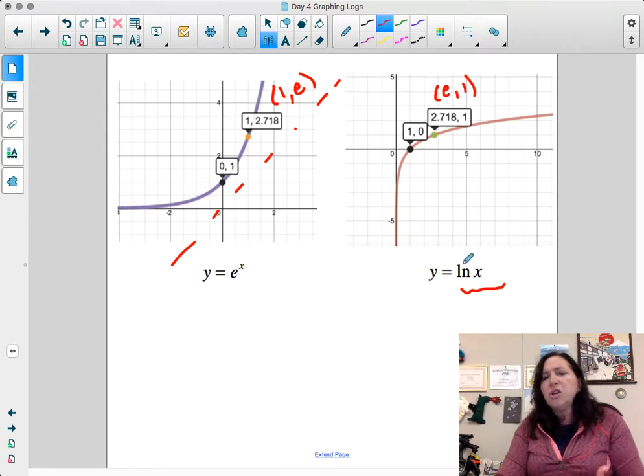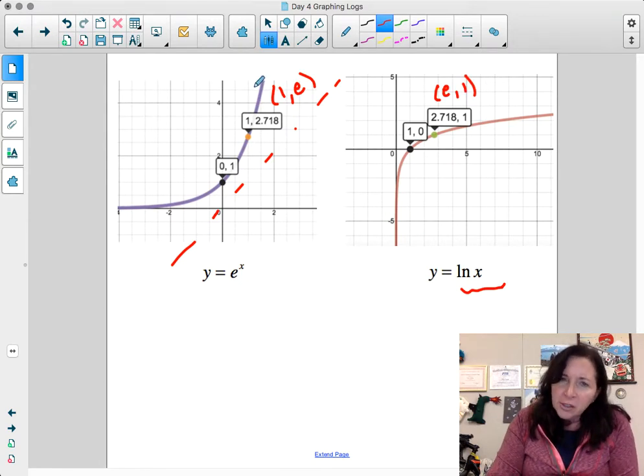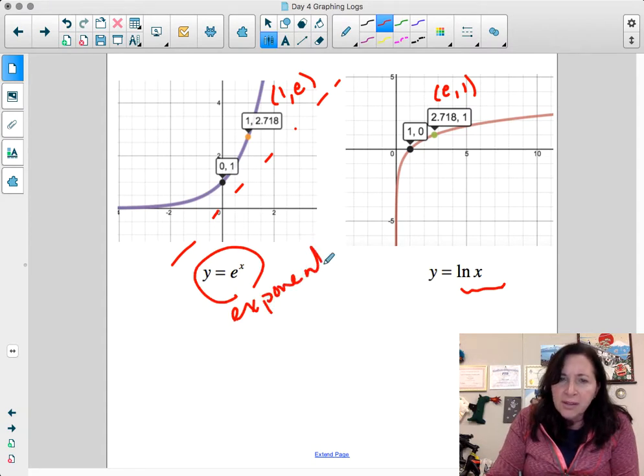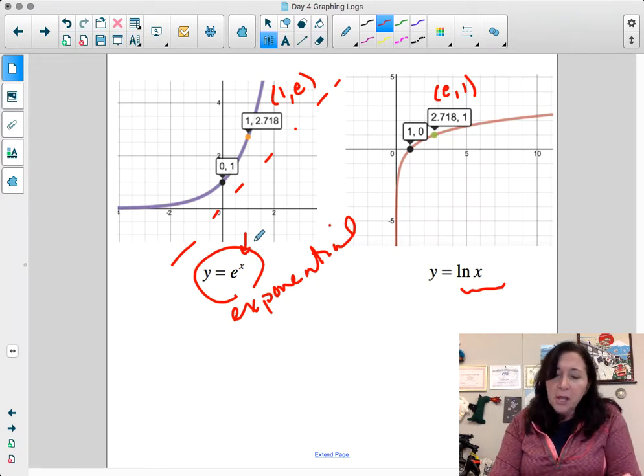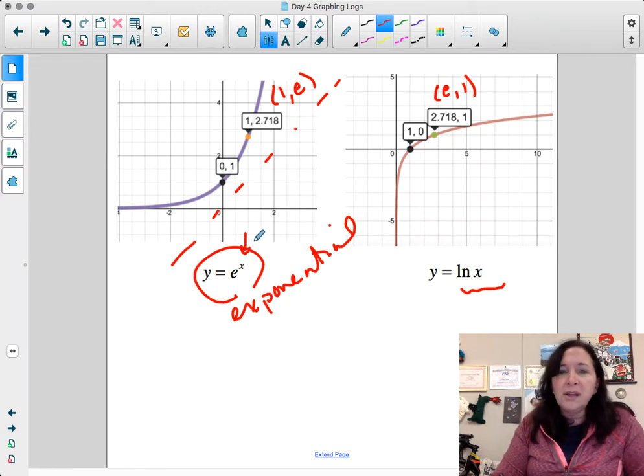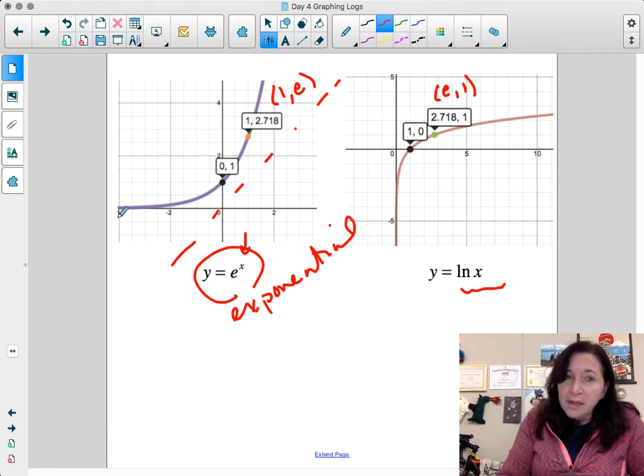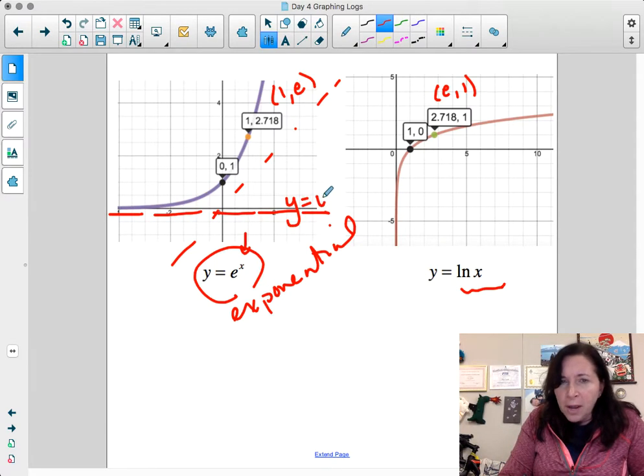And just know, again, exponential equations, this is exponential. The reason you can tell that it's exponential is because your variable is your exponent. So when your variable is your exponent, it's exponential. And that means that you have an asymptote that goes across right here at y equals 0.